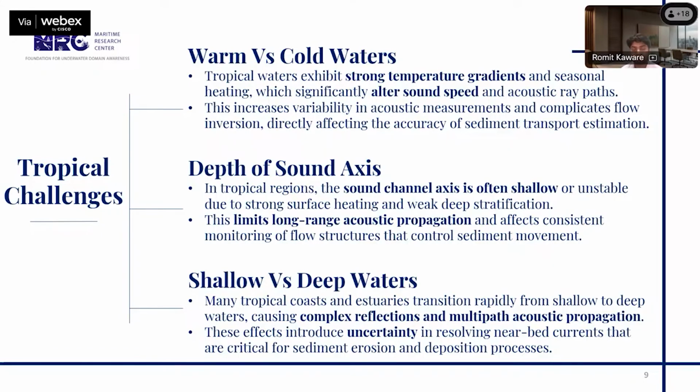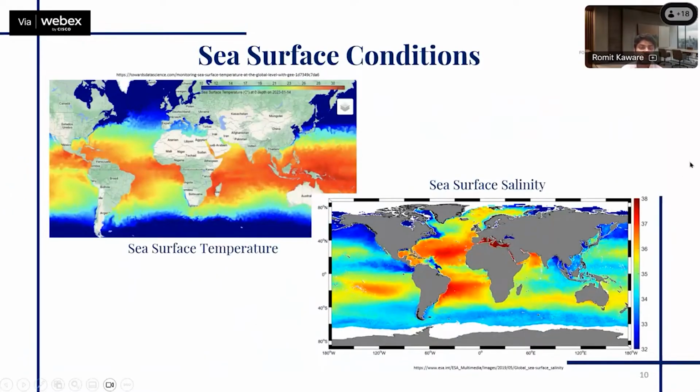Our own sonar systems might not be capable of actually going to those deep layers, again limiting the proper propagation of acoustic communication. Here we can also see that the sea surface conditions of temperature and salinity vary a lot, especially sea surface salinity between the Bay of Bengal and the Arabian Sea. We can see a stark difference.